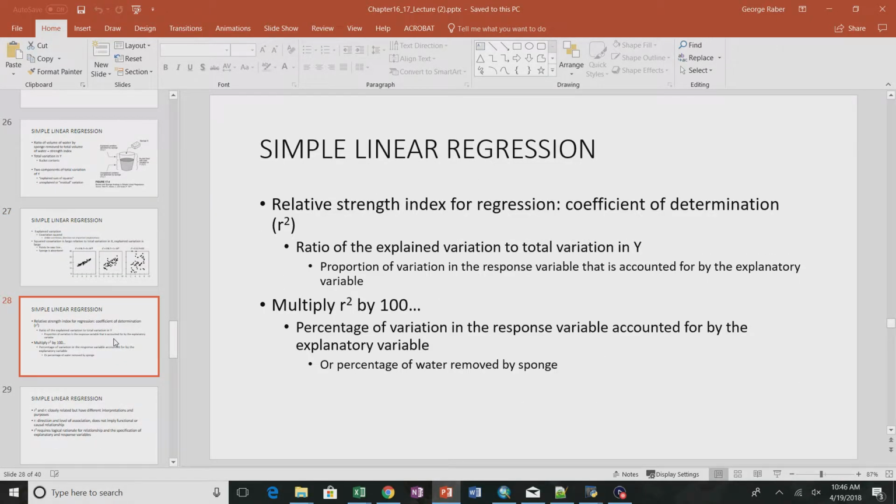So it's the relative strength index for regression. That's the strength of that relationship. Sometimes we refer to it as the coefficient of determination. Mathematically, it works out to the ratio of explained variation to the total variation.